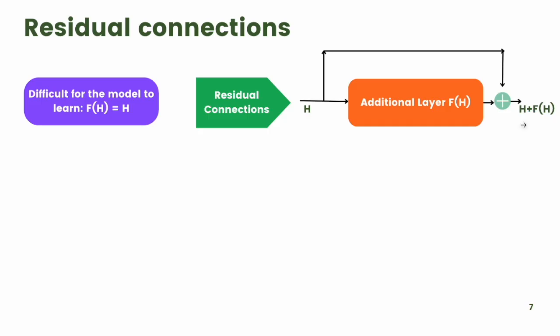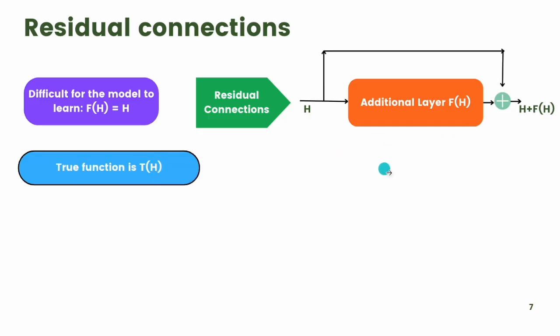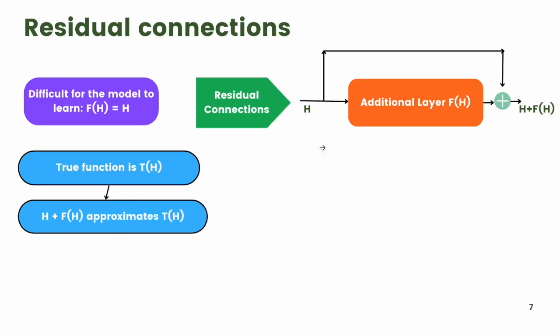So what we can conclude here is the following. Let's say the true function: if we had known the output function exactly, which we obviously don't, then we could have constructed the true function T(H). Instead of F(H), if we had applied T(H), we would have gotten the exact output, but obviously we don't know the output. So we're approximating it, and this approximation is actually H plus F(H).